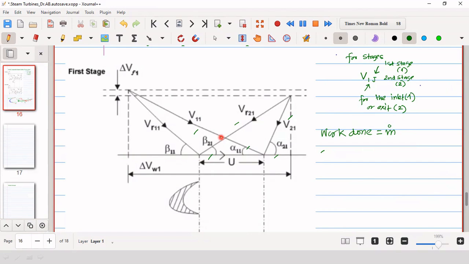M dot into delta VW into U. So here it will be similar.